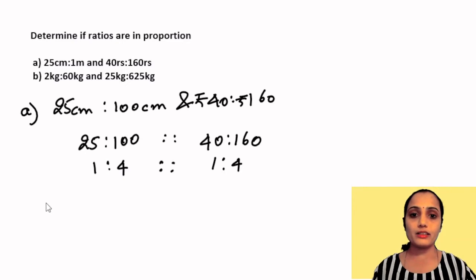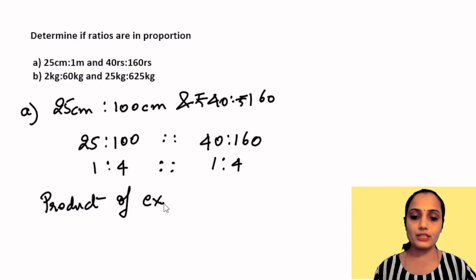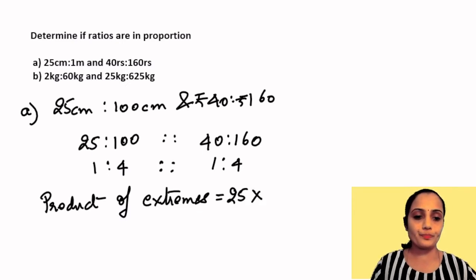The second method is just like we saw, product of extremes is equal to product of means. So we'll find the product of extremes, which is 25 into 160, which is equal to 4000.